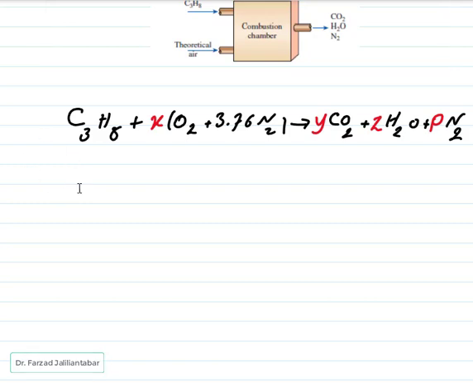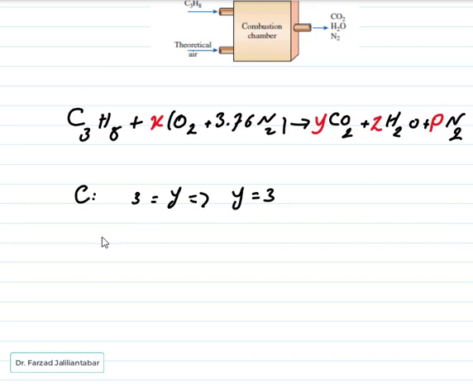Let's write the mass balance for carbon. We have 3 atoms of carbon here, and here we have Y, so for carbon 3 equals Y, so Y is 3.